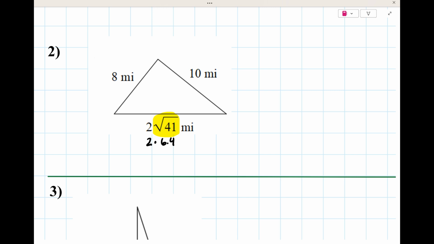The square root of 41 is 6.42. If I multiply by the number outside of the radical, I would get that that side is approximately 12.8. If I compare it to the other sides of the triangle, that would be your c because it's the longest side.